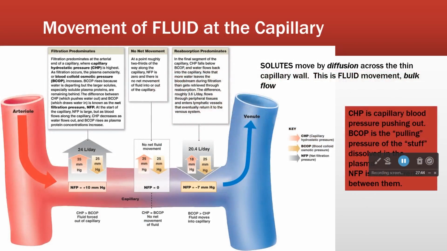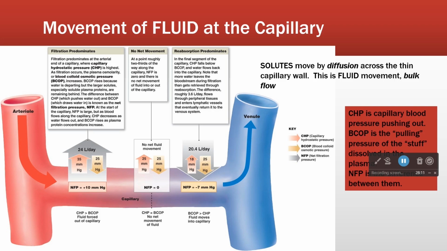All right. So this is actually one of my favorite diagrams for this concept because I think it very clearly shows you the important bits. All right. So arteriole, venule, capillary. Hugely simplified, right? That's not what a capillary really looks like, but we'll move past that. Okay, so at the beginning of the arteriole, we have a lot of capillary hydrostatic pressure.